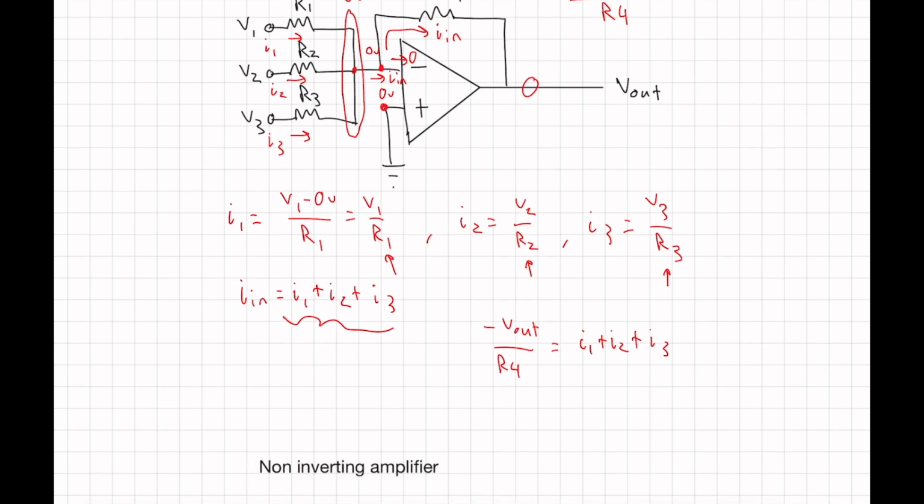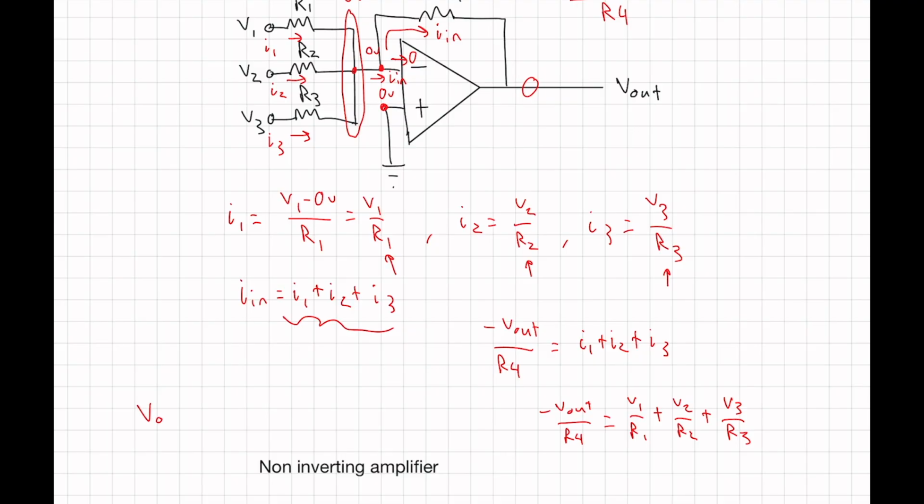So we have negative V out over R4 is equal to V1 over R1 plus V2 over R2 plus V3 over R3. Now rearranging, we can solve for V out in total.